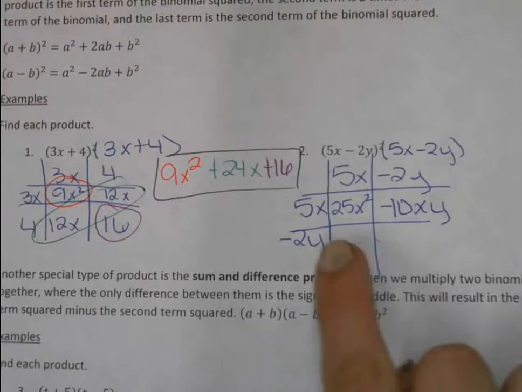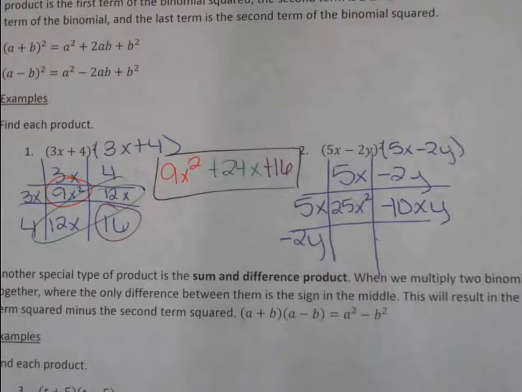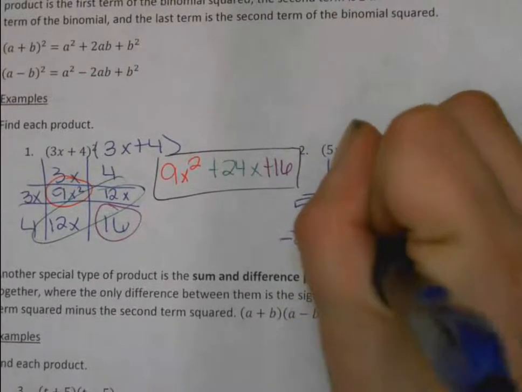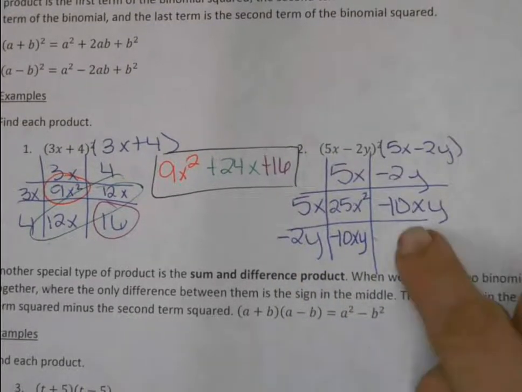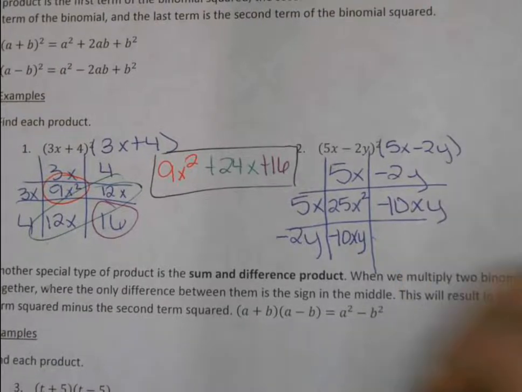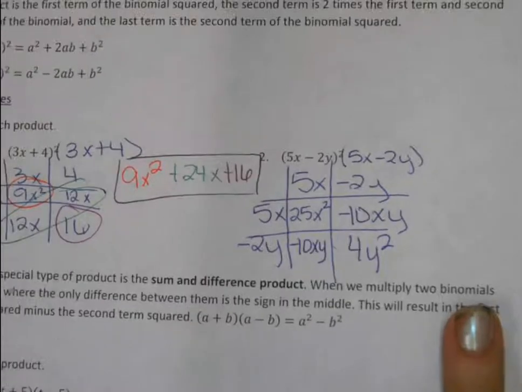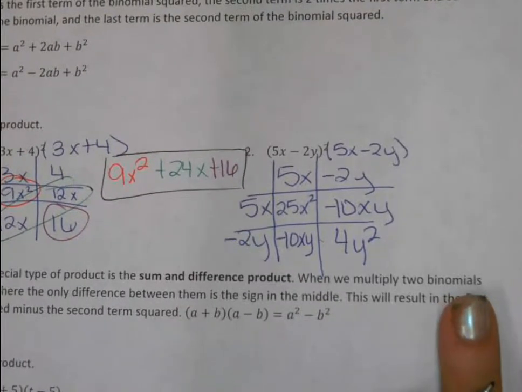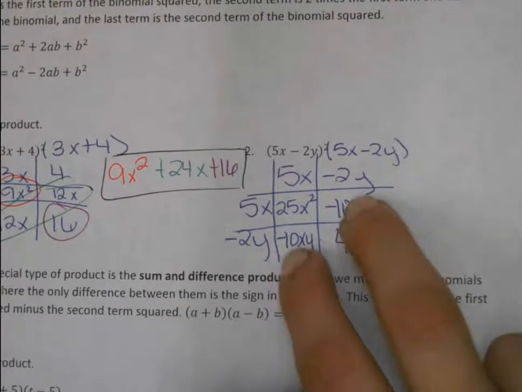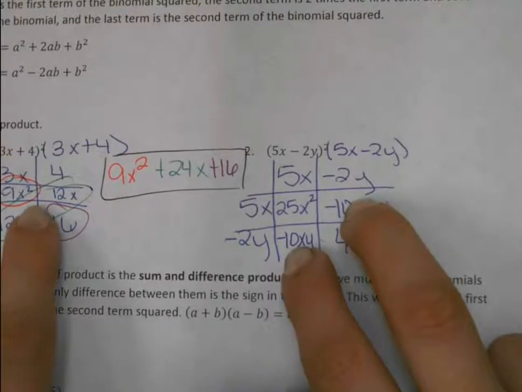What goes in this box? And then in this last box? Squared. Okay, so notice on this one, and on the last one, these two diagonal ones are always the same number.